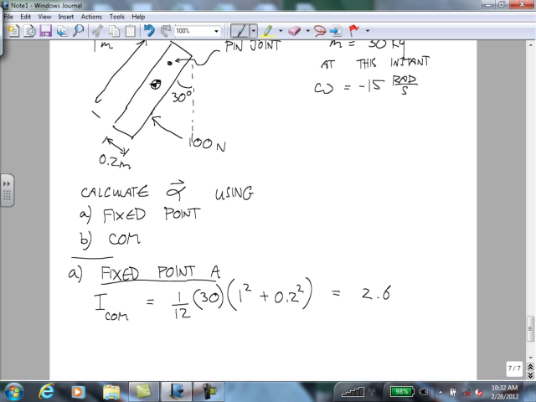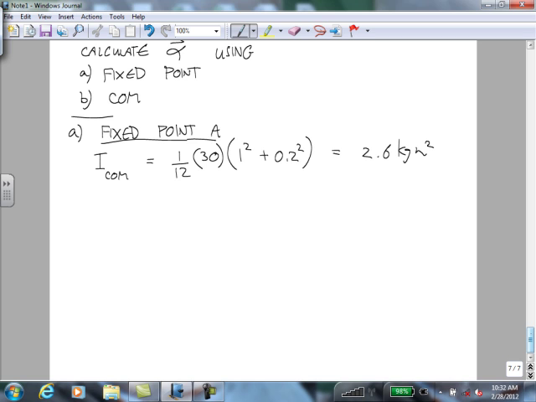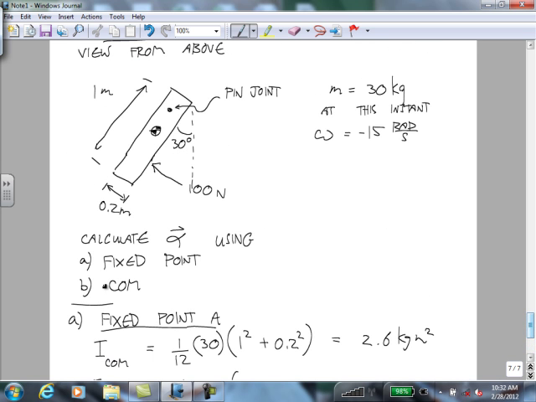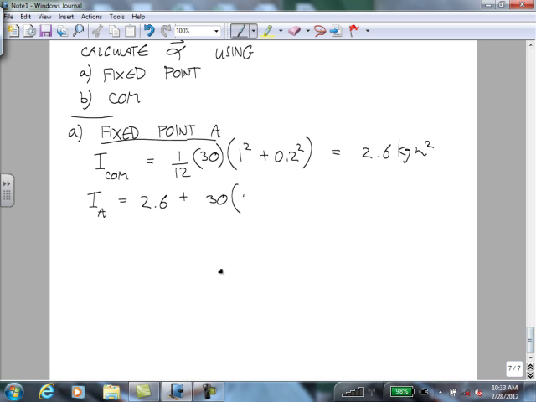So it's 1/12 times the mass times the length squared plus the width squared. (2.6 kilogram meters squared). And now about that fixed axis, it's 2.6 plus the mass times the distance squared.